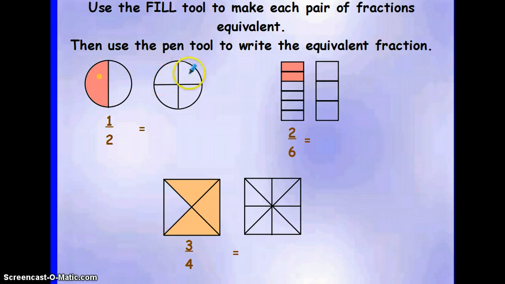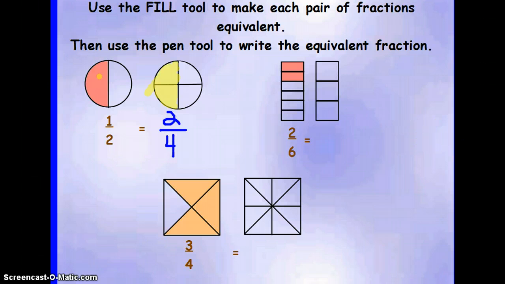Now if we look here, we can see that 4 pieces make up one whole, so we know that the denominator is going to be 4. But we only want to shade in the same amount of space that's shaded on this side. So we're just going to shade in 2 pieces here. As a result, we can see that 2/4 is equal to 1/2.